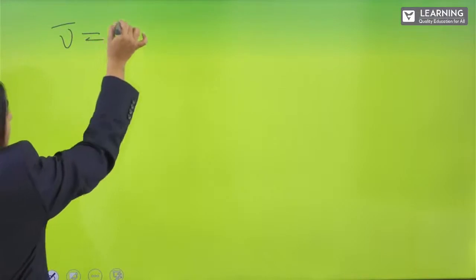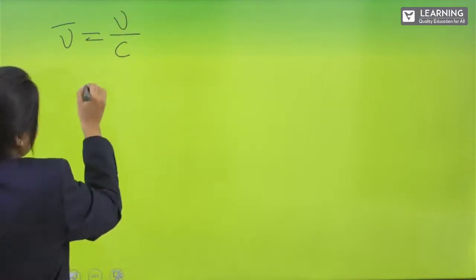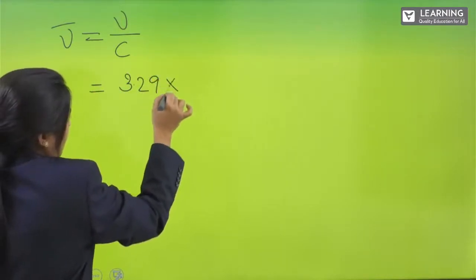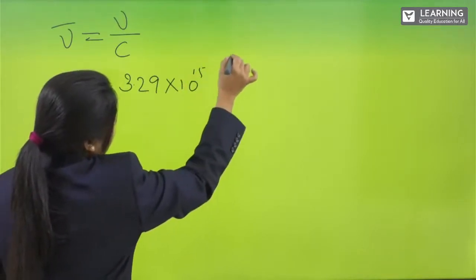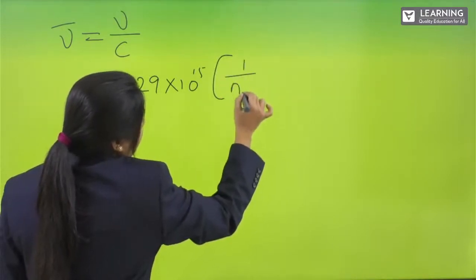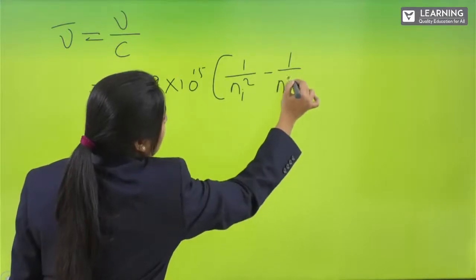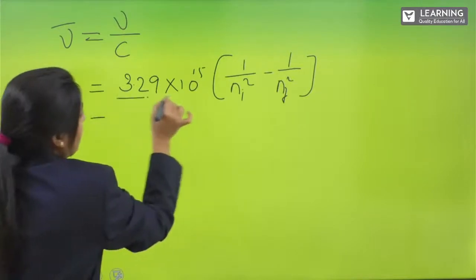So now we have mu bar is equal to mu by c. What is mu? We saw that mu is equal to 3.29 into 10 raised to 15 into 1 by Ni square minus 1 by Nf square, divided by c.